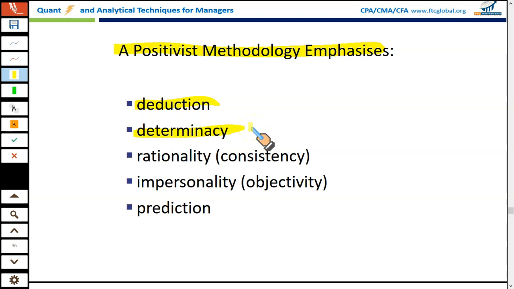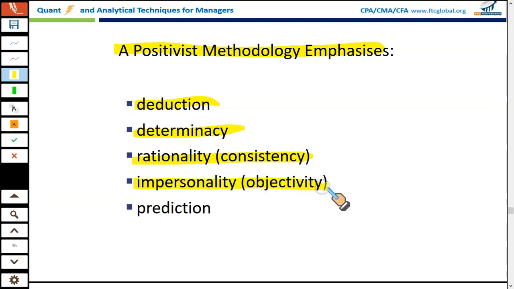It says everything happens for a definite reason, and these reasons can be discovered through research. We'll see in the coming slides. Then rationality, consistency. It means the use of logical and consistent methods to study and understand some phenomena, ensuring that findings are reliable and can be replicated, meaning can be applied elsewhere as well.